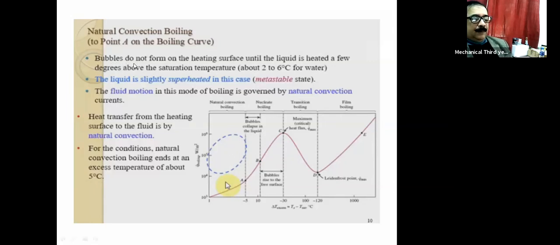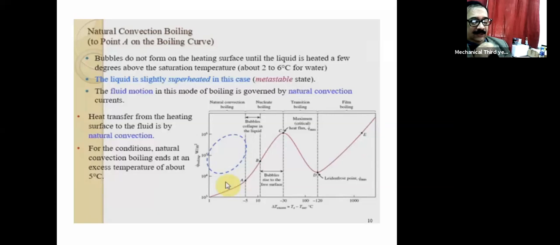Here, bubbles do not form on the heating surface until the liquid is heated a few degrees above the saturation temperature. To form a bubble, the temperature should be increased somewhat more than the saturation temperature. Only then does the bubble form. That means the liquid is slightly superheated in this case.